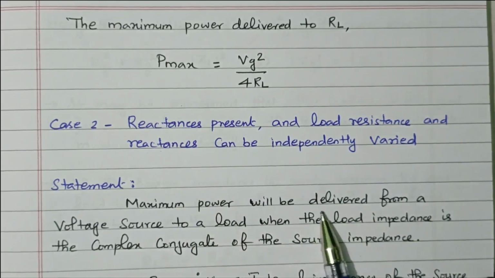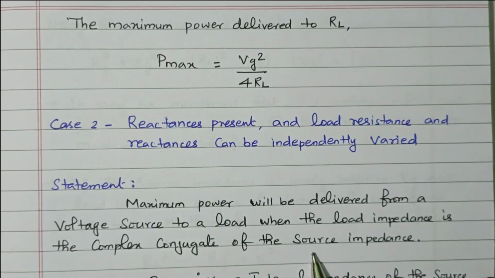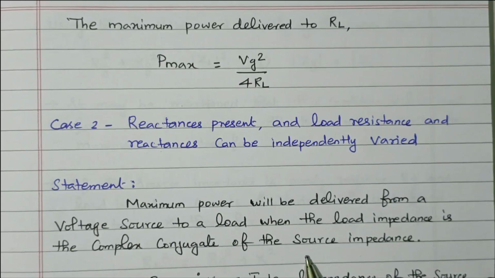Maximum power will be delivered from a voltage source to the load when the load impedance is the complex conjugate of the source impedance. In the previous case, the internal resistance is equal to the load resistance. But here reactance is available, so we have the complex conjugate. The complex number will have a real term and an imaginary term because of reactance. It may be capacitive reactance or inductive reactance.